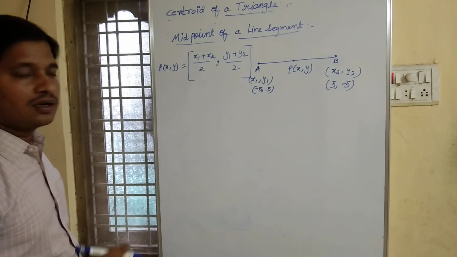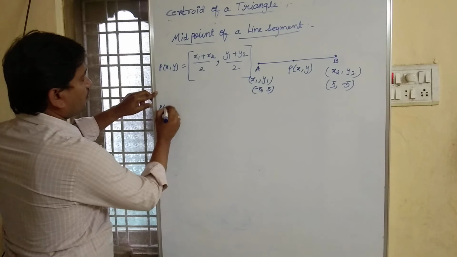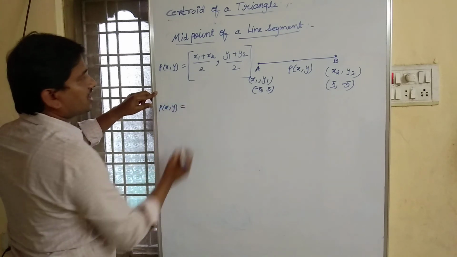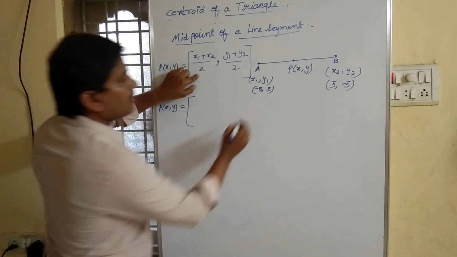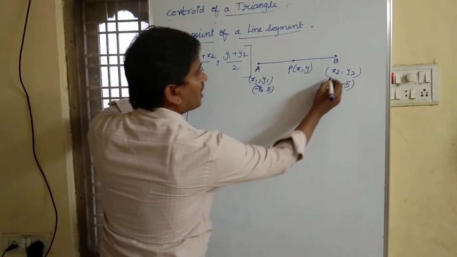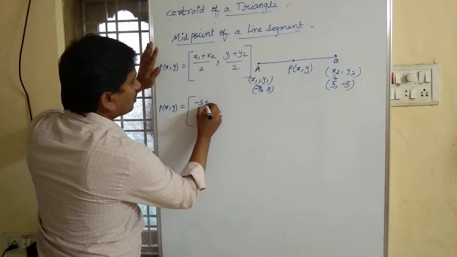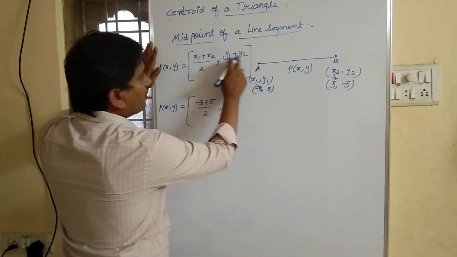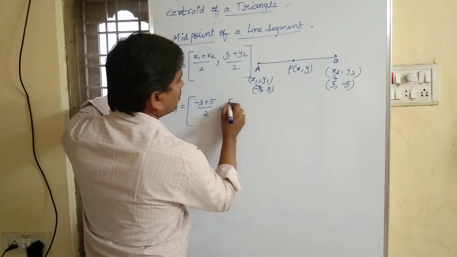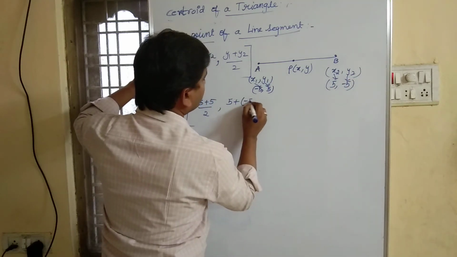Then how to find the midpoint of line segment AB? P(x, y) equals (x1 plus x2) by 2, where x1 is minus 5 and x2 is plus 5, so (-5 plus 5) divided by 2, comma, (y1 plus y2) by 2, where y1 is 5 and y2 is minus 5.